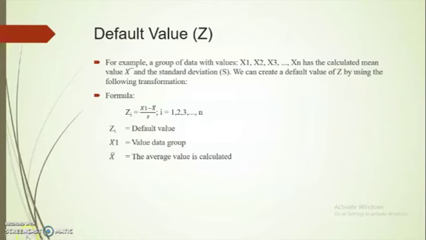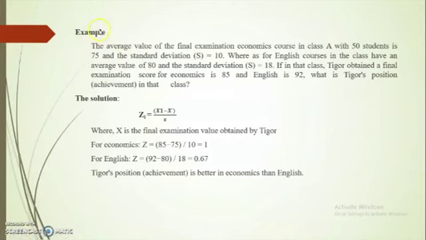Okay, we study an example. The average value of the final examination of the economics course in class A with 50 students is 75 and the standard deviation is 10, whereas for the English course in the class the average value is 80 and the standard deviation is 18.